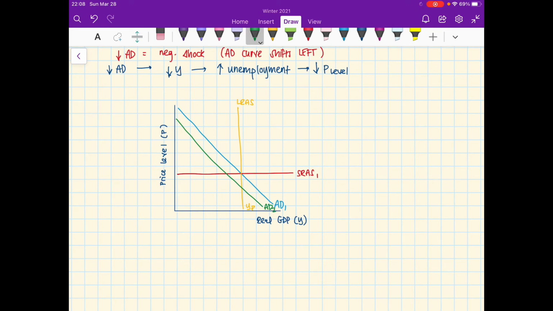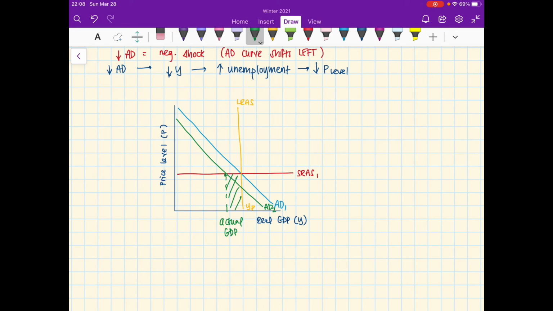At this point, real GDP decreases. And you can see this is our actual output here, or actual GDP. And this is our short-run equilibrium point. In the short run, there's a recessionary gap, as actual output is less than the potential long-run output.